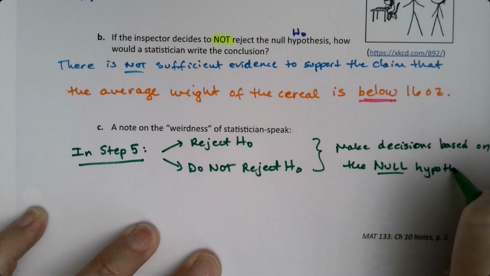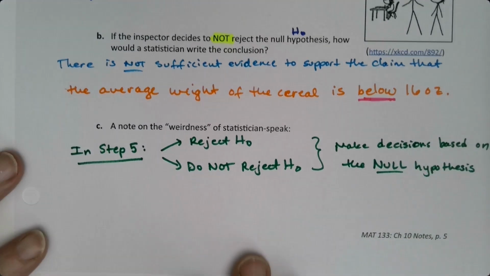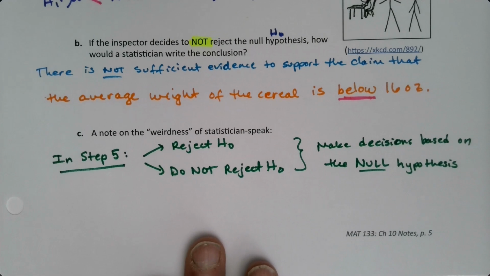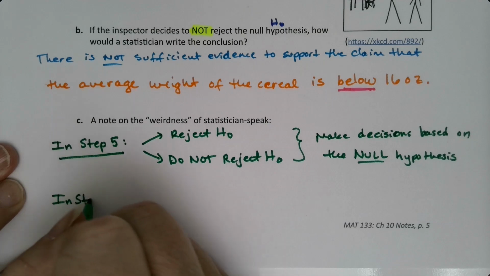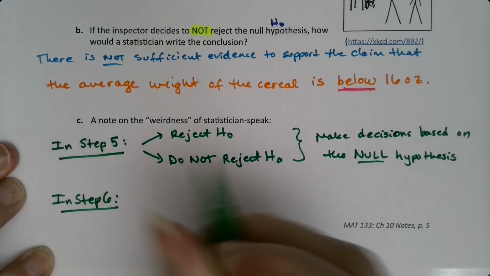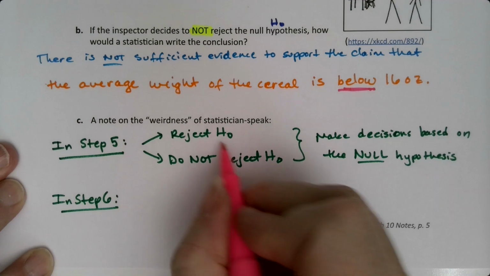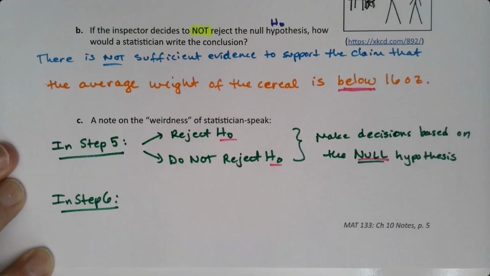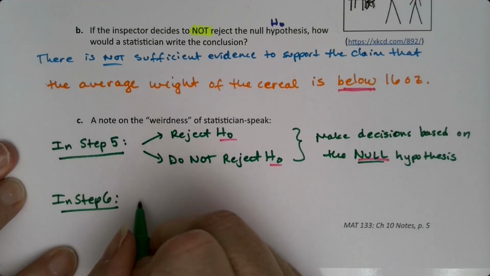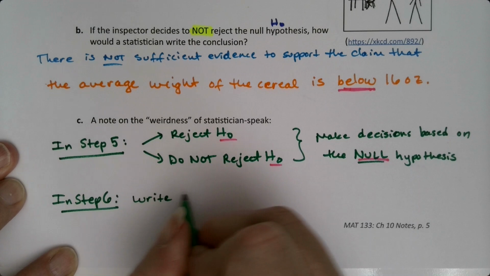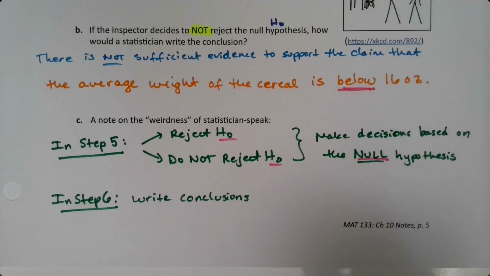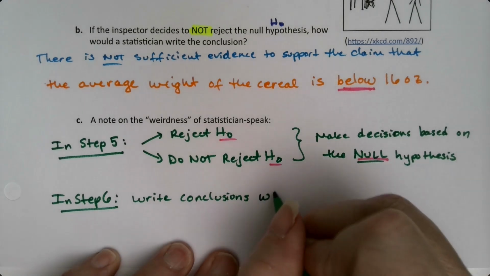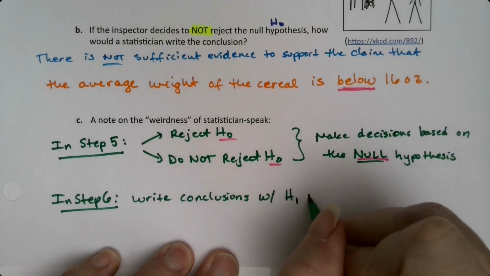However, that's not what we write about, right? We write conclusions in step 6 about the alternative, always, right? So it's always this way. Step 5 is always about your H0, always. It's always about the null hypothesis there. Step 6 is always writing conclusions based on the alternative in context.